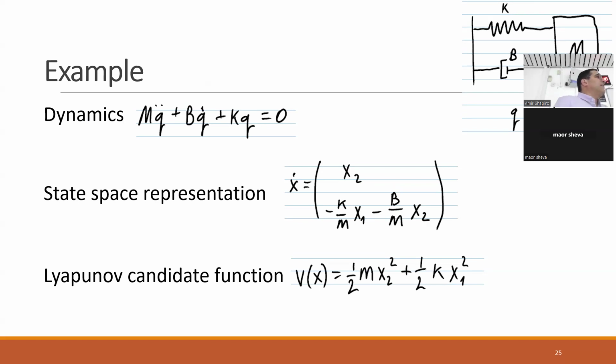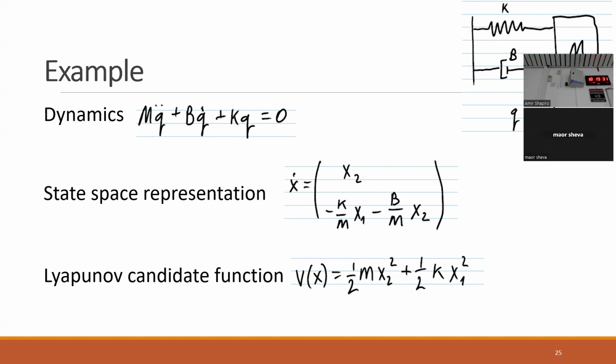We can take a Lyapunov candidate function, v of x, such that it is half m x2 squared plus half k x1 squared. And see, this is exactly the kinetic energy and the potential energy of the spring. So it is energy. It's positive everywhere, and it is 0 only when x1 and x2 are 0.